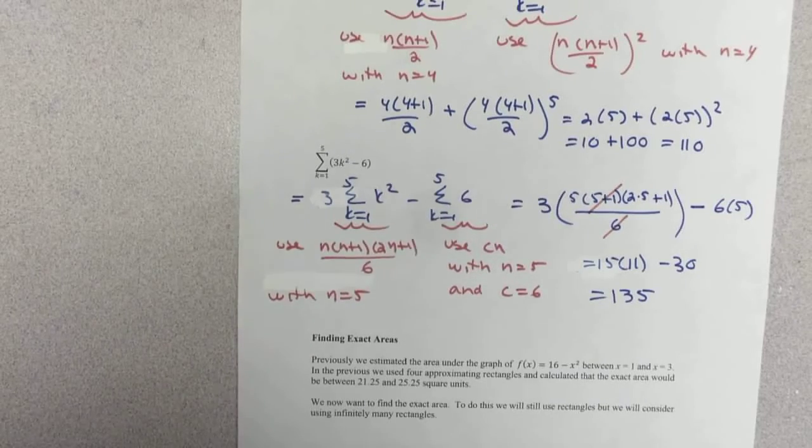We used 4 approximating rectangles and calculated the area would be between 21.25 and 25.25 square units. We now want to find the exact area. To do this, we will still use rectangles, but we will consider using infinitely many rectangles.